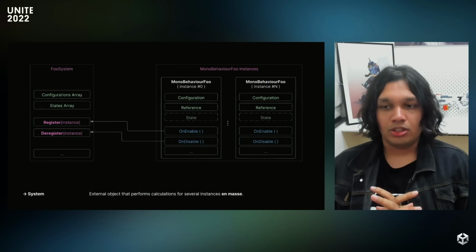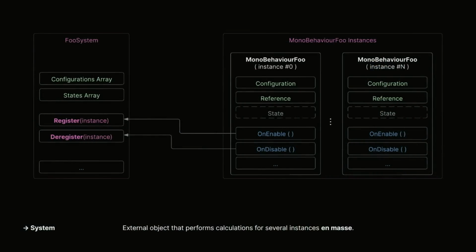And so what exactly is a MonoBehavior system then? A MonoBehavior system is an external object that performs calculations of several instances of objects en masse. So on the OnEnable and OnDisable callbacks of every instance, we register that particular instance to the system.